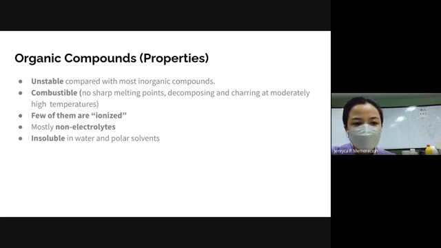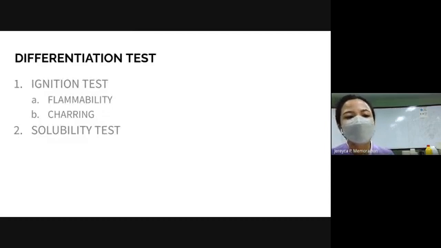With our first laboratory experiment, we are going to differentiate organic from inorganic compounds through two tests: the ignition test and the solubility test. Under the ignition test are flammability and charring.